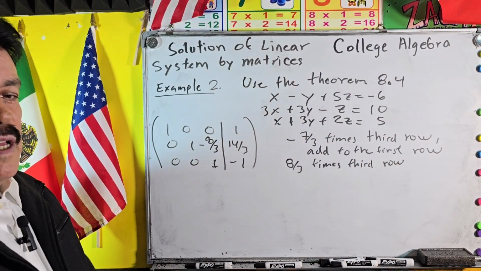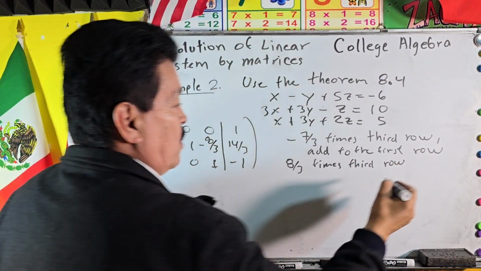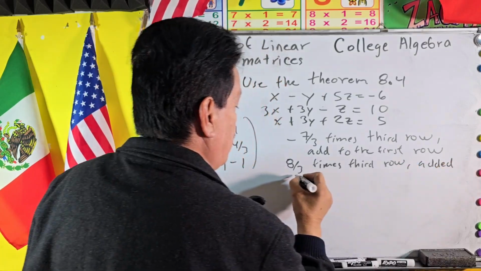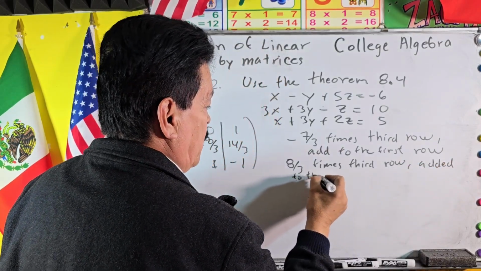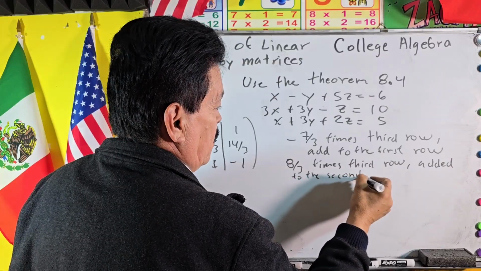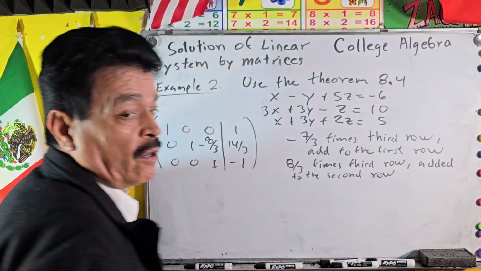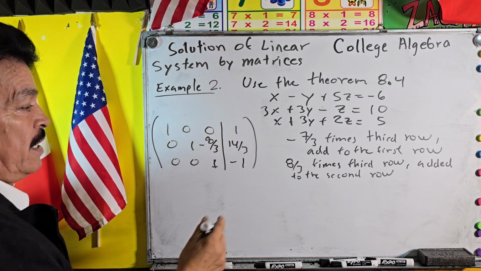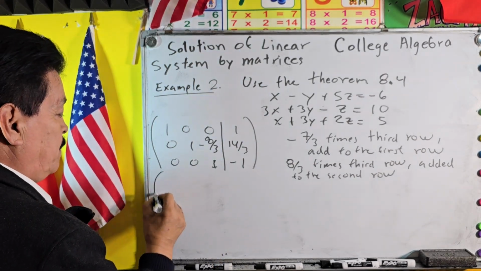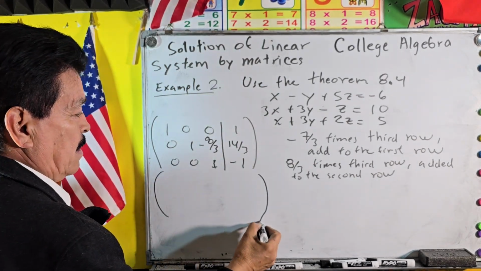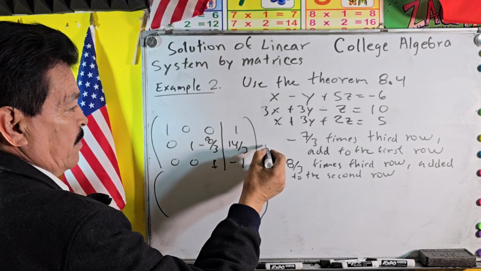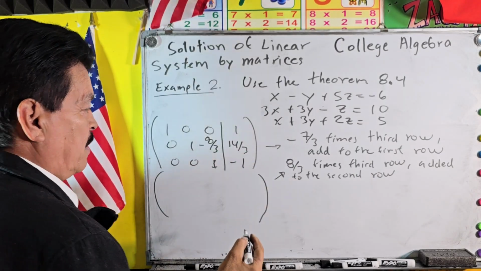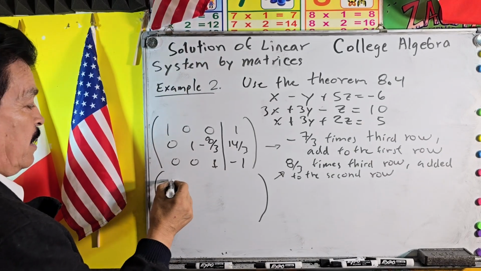Okay, third row, add to the second row. Added to the second row. If we do this, we will have here, this is for here, this is for here, and here. So we will have completed our problem.